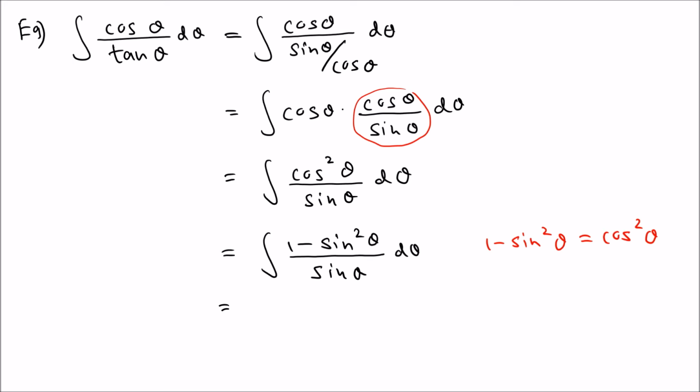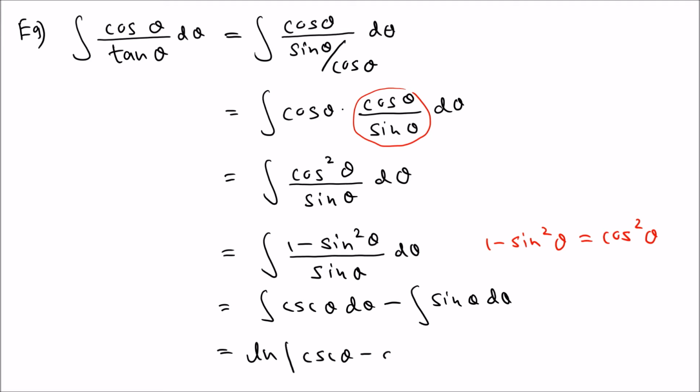Dividing by the bottom function, 1 over sine theta is cosecant theta d theta, minus sine theta d theta. You can integrate them separately. The first one is a formula, so we get ln of cosecant theta minus cotangent theta, minus, since sine means negative cosine, plus cosine theta.